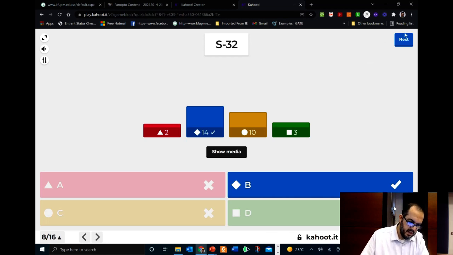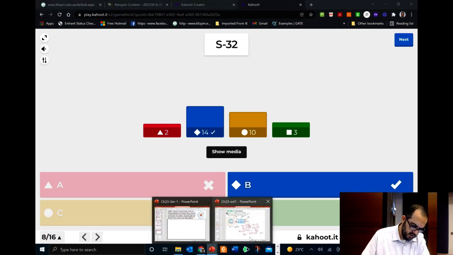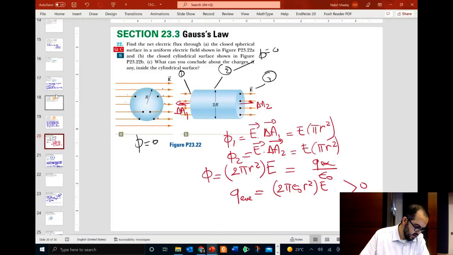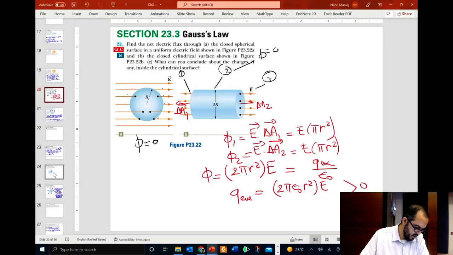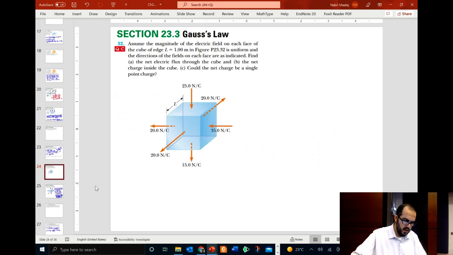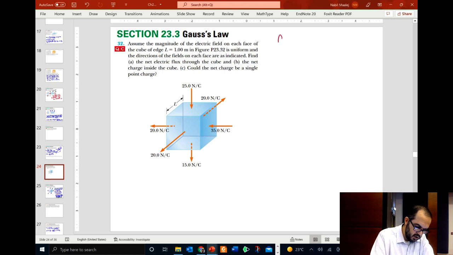Not bad. Okay, so let's look at this problem here. Obviously each of these faces of the cube has area L squared. We can determine the flux through each of these areas, but let's find the total flux.